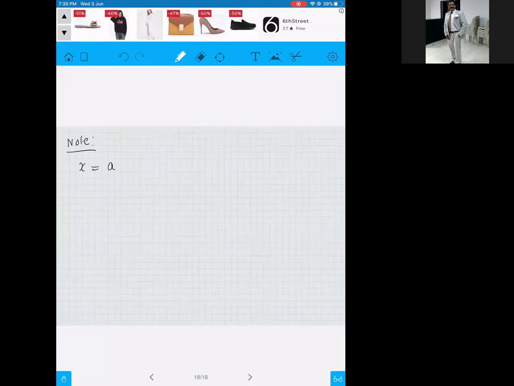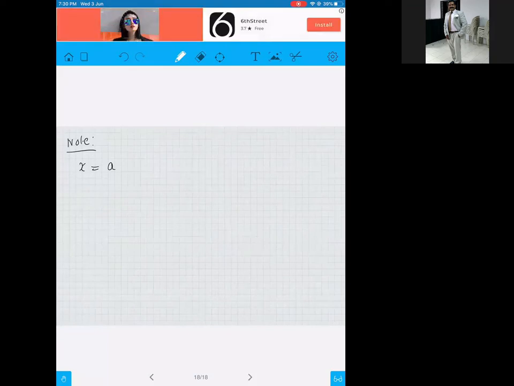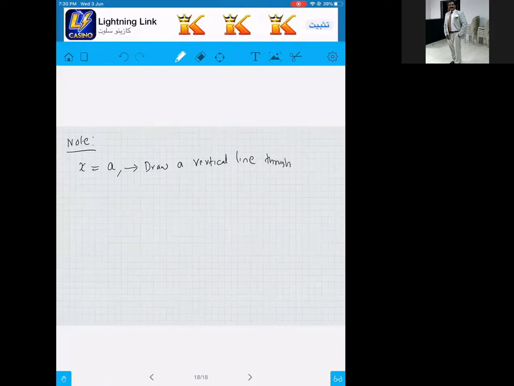X is equal to a. What we have to do? Draw a vertical line through x is equal to a.